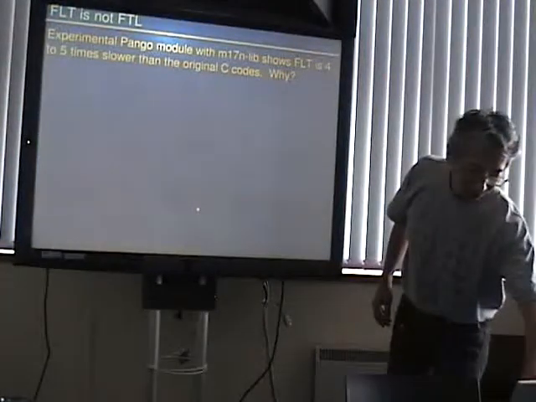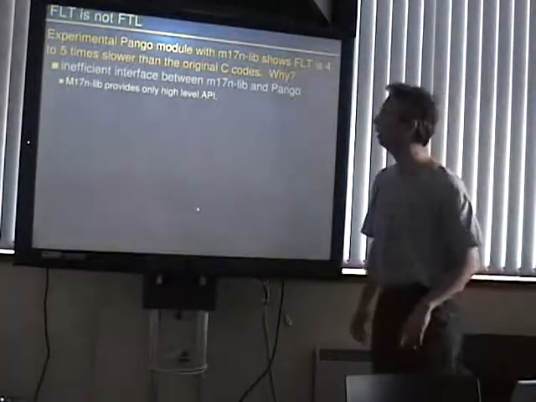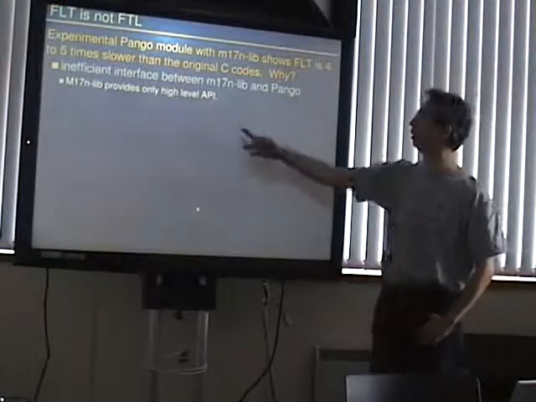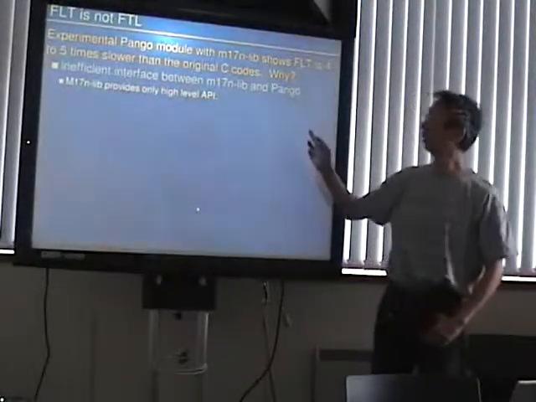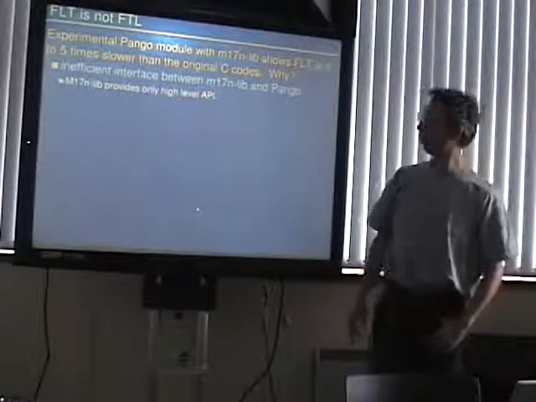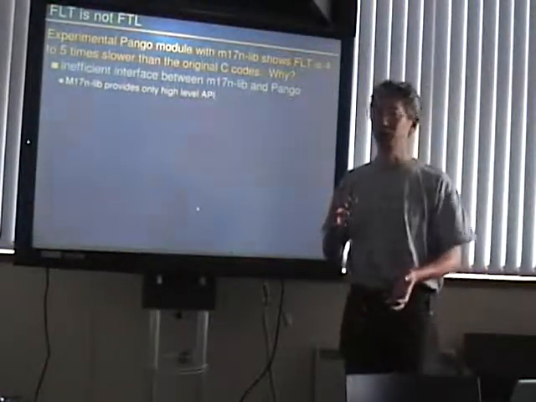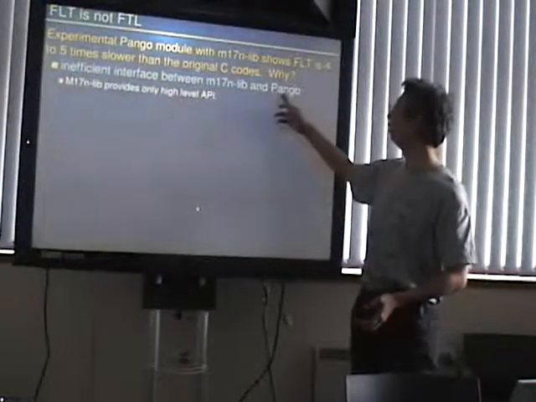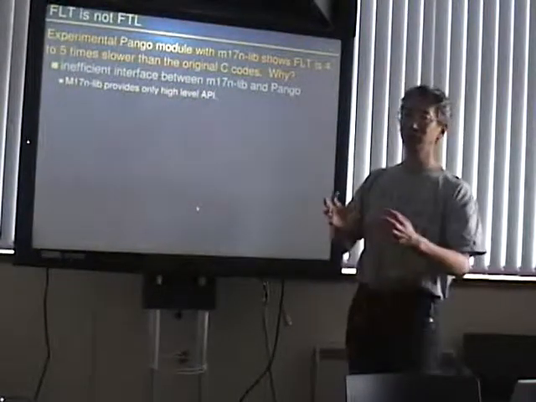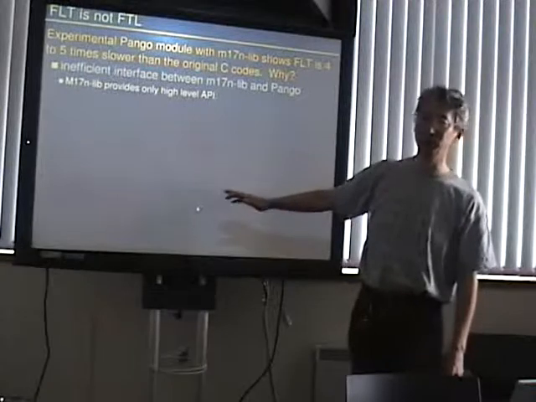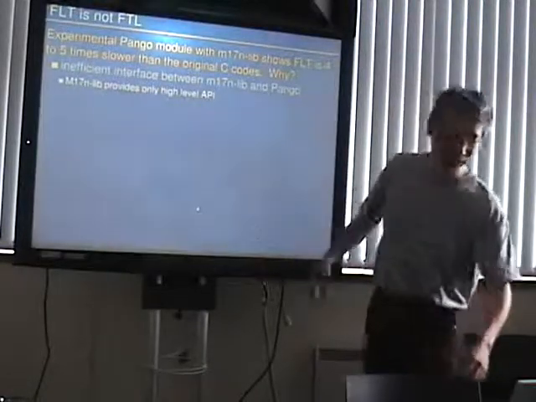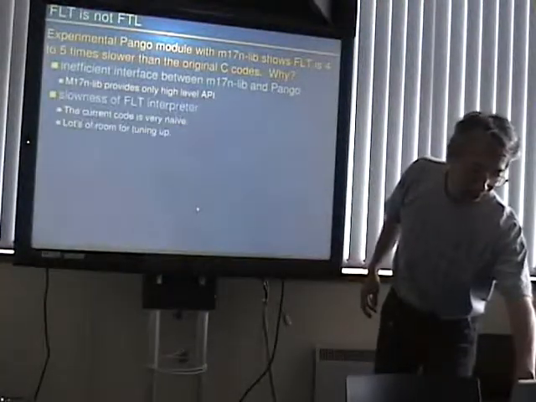There are several reasons. The first one is the inefficient interface between this library and Pango. Currently, m17n provides only a very high-level API, and the Pango module is at a very low level. So the interface matching needs some time.